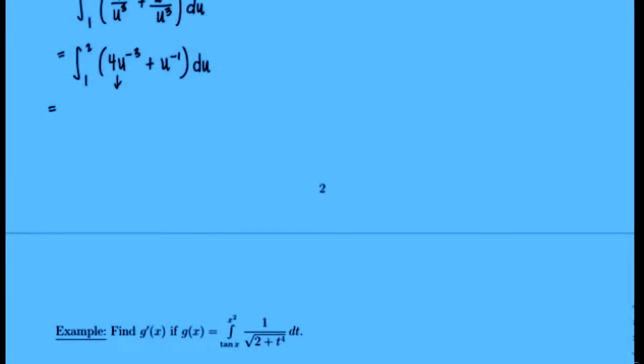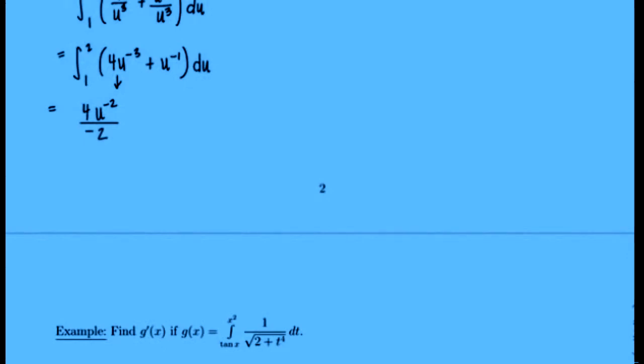So for the antiderivative of 4u to the negative third, I'm going to increase the exponent by 1. So it becomes u to the negative second. I still have that 4. I have to divide by my new exponent.